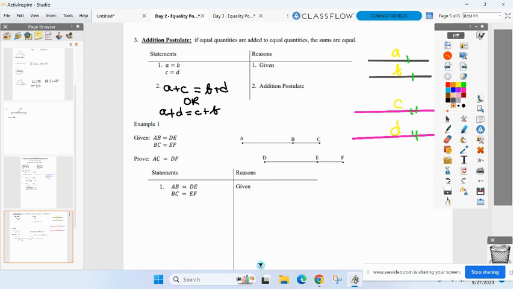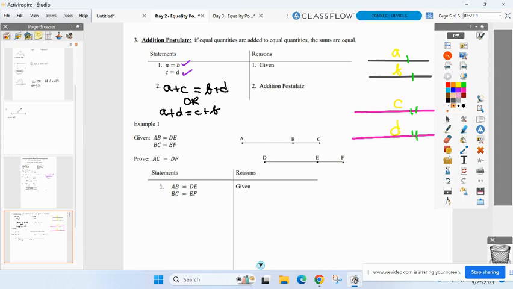Kids get confused when I say the number 2 and the word pairs. Here's what I mean by 2 pairs: 1 pair, 2 pair. You have to have 2 pairs of equals to add together. So be ready for that question in return from me today. How many pairs of equals do you have? Because you can only add if you have 2 of them.